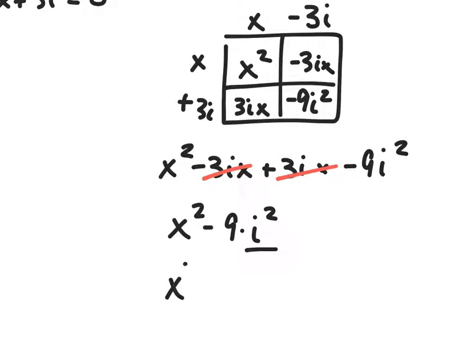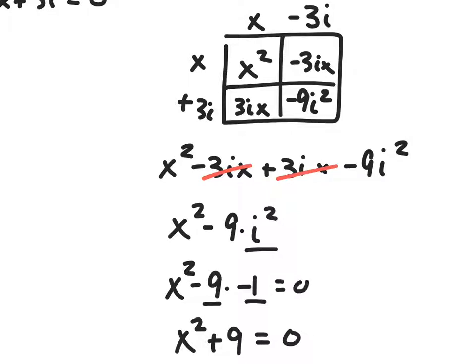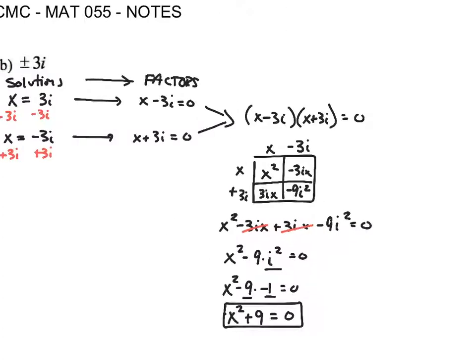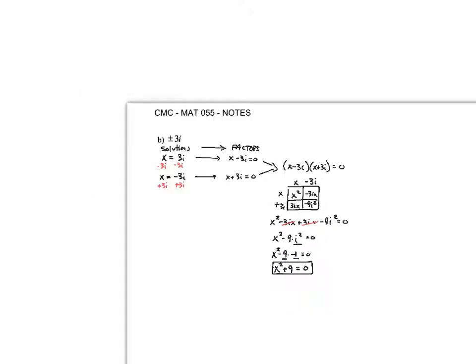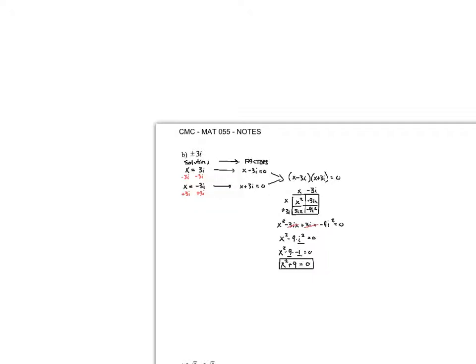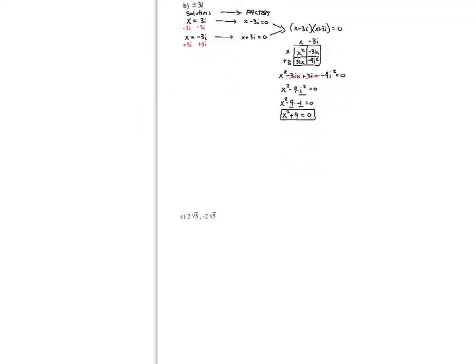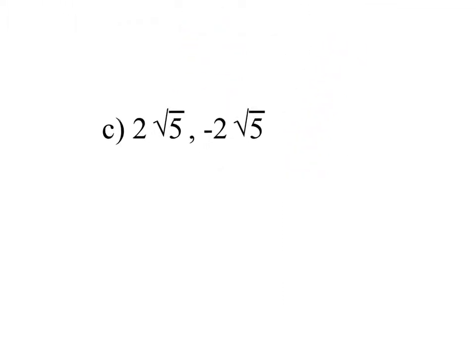So I get x squared minus 9 times negative 1. Negative 9 times negative 1 is really positive 9, so x squared plus 9 equals 0. That's the equation for that problem. It's not too bad, but you know you're going to have a little bit of trickery going on. Now the next one, part C, again is a little bit trickier.